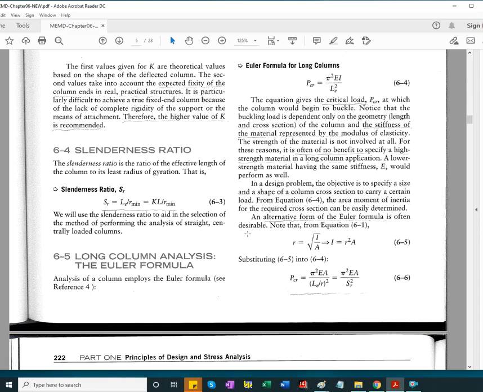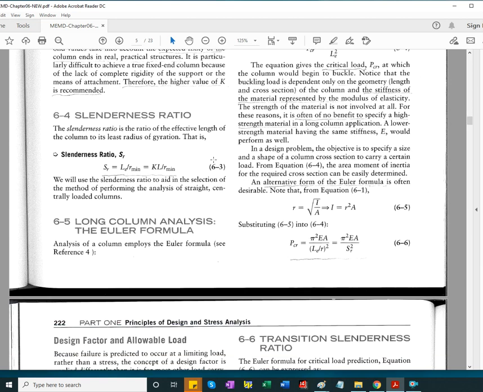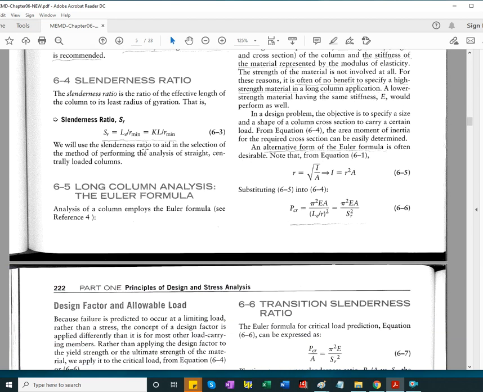Okay, slenderness ratio is the ratio between the equivalent length, that is end fixity coefficient times the actual distance between the supports, divided by the minimum radius of gyration.